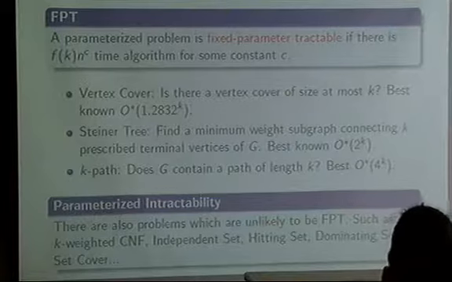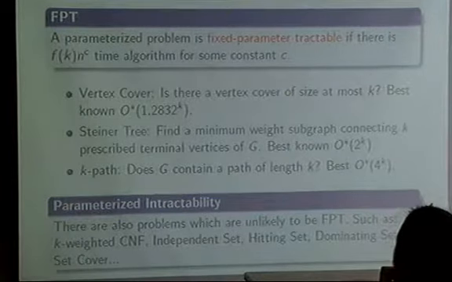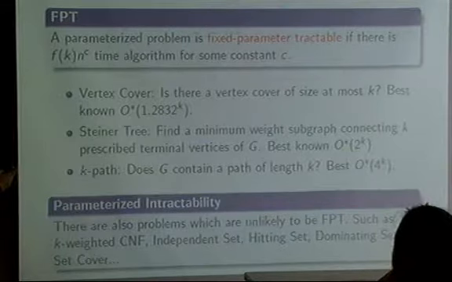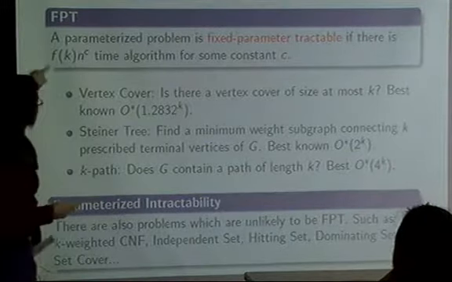So we are dealing with a hard problem, and there are several ways to deal with hard problems. One approach is what is called parameterized complexity. I will explain what a parameterized problem means later.